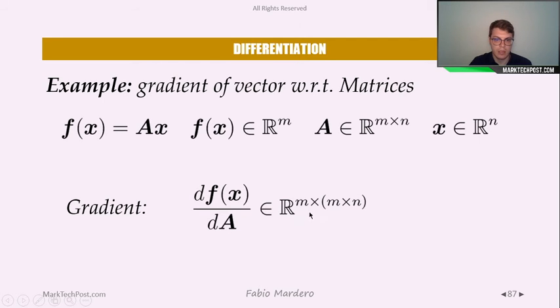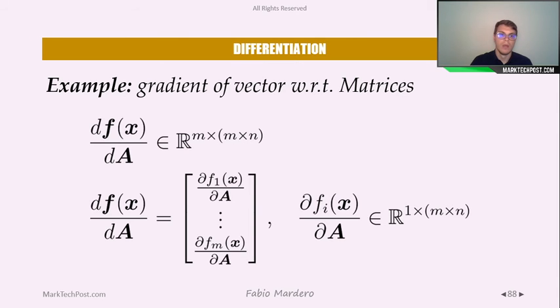Well, the gradient here has three dimensions. It is a three-dimensional gradient, so we do not refer to it as a vector or as a matrix, but as a more generic tensor. Let's do it one step at a time. We start by expressing f with its m components.